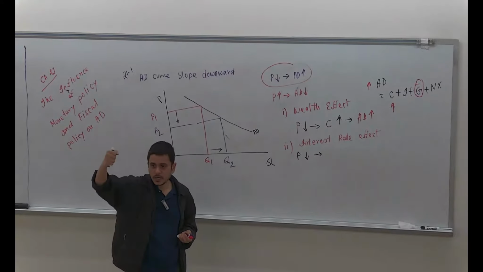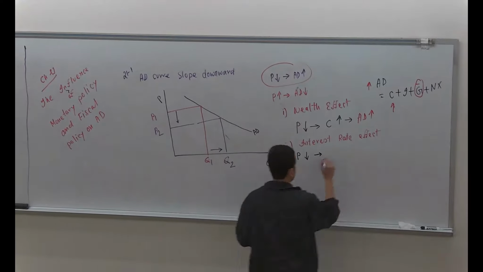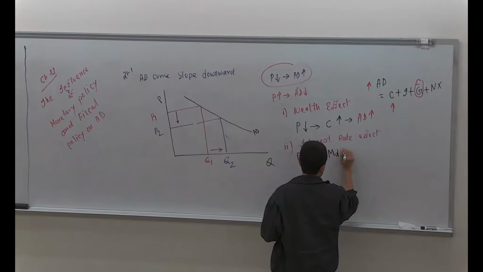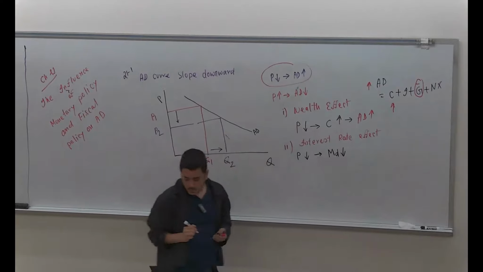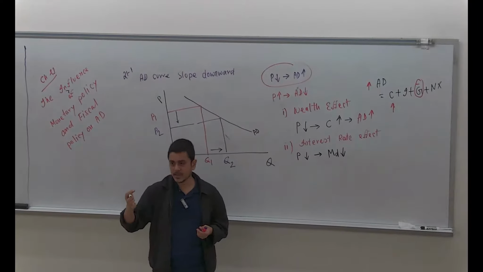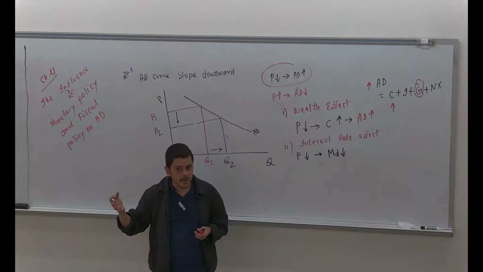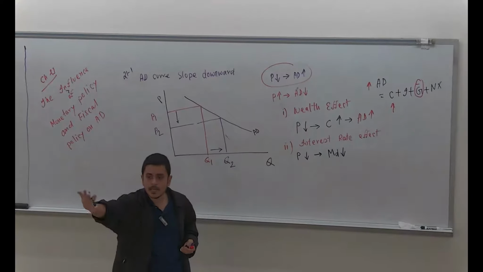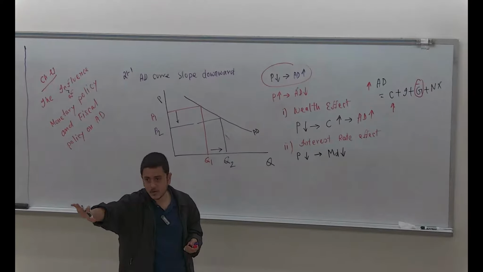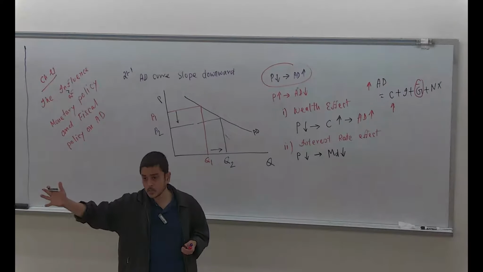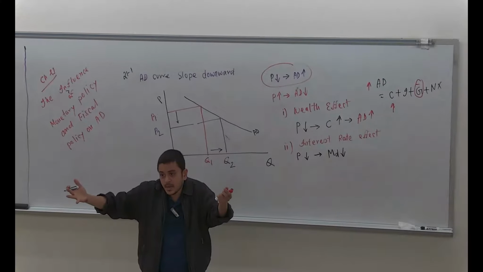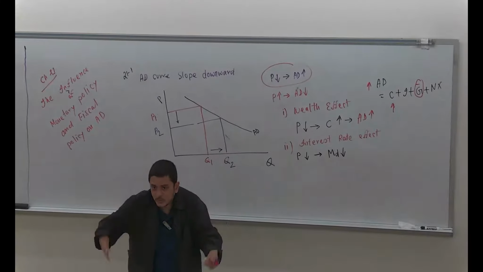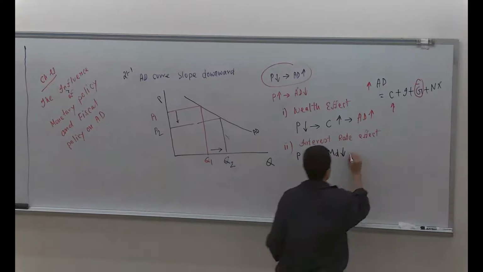So you don't need to hold a lot of cash in your hand, so money demand falls. When you're demanding less money, what will you do with the remaining money? You will put it into the bank, into a savings account, or maybe buy a bond. So banks are getting a lot of money, so the interest rate will fall.